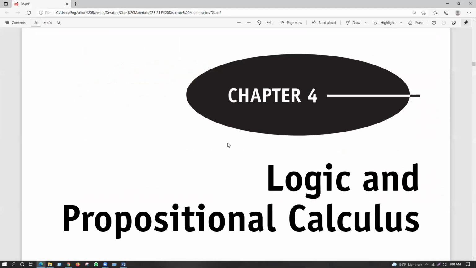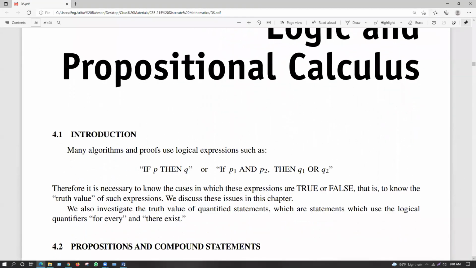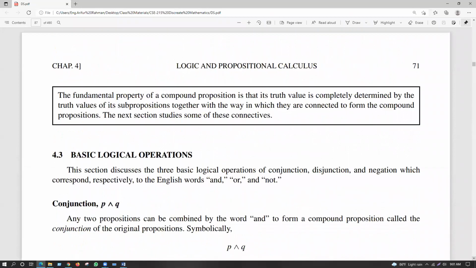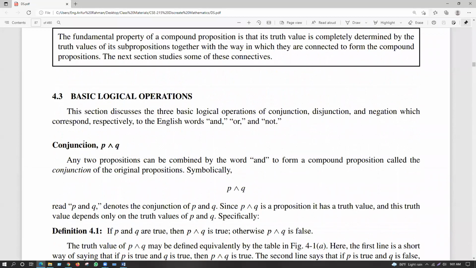So today we are going to discuss some other logical terms, logical operations. I have discussed these logic operations, conjunction. We say P conjunction Q, or P and Q. What are P and Q?